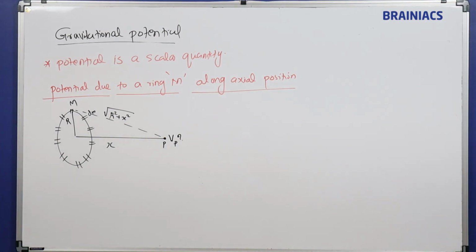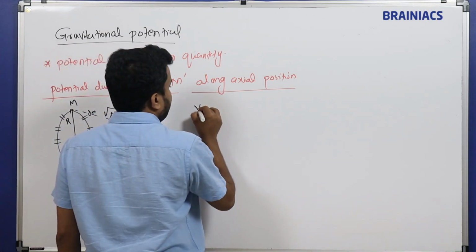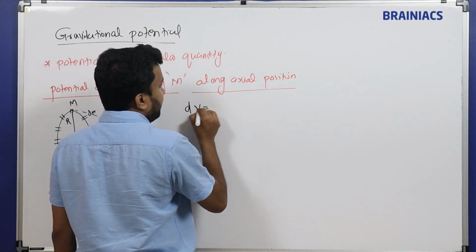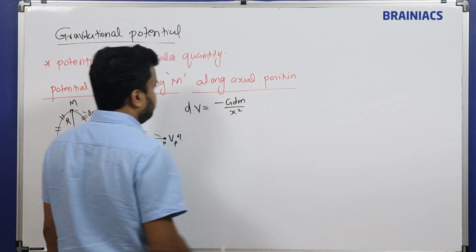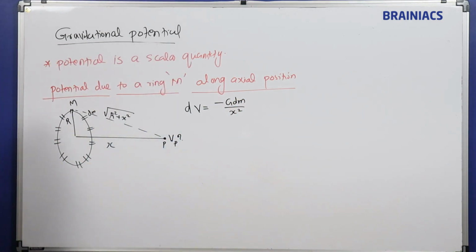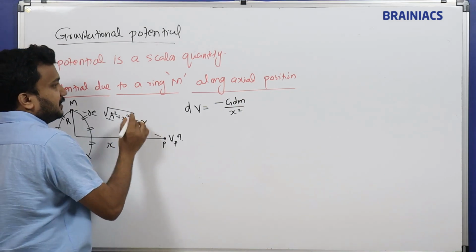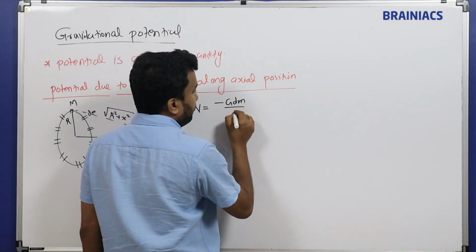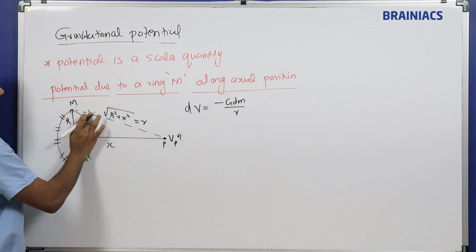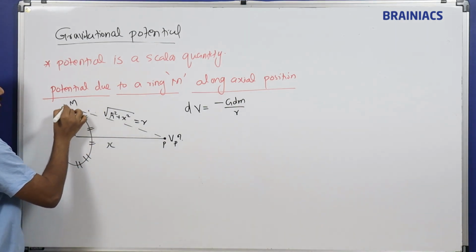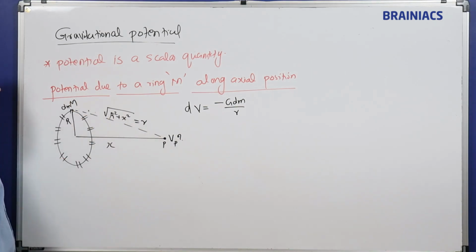So the potential due to a small mass, which is called dm, is equal to minus G into dm by r. Not x square, this distance is given as r, so I am giving it as minus GM by r. Here, if I am considering one dm mass, because of this dm the potential will be here.